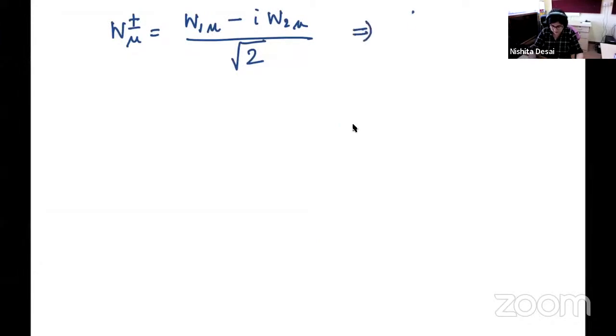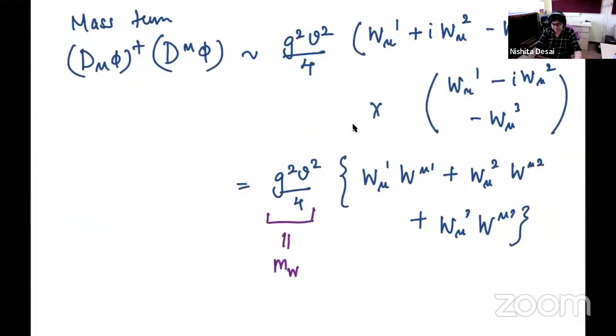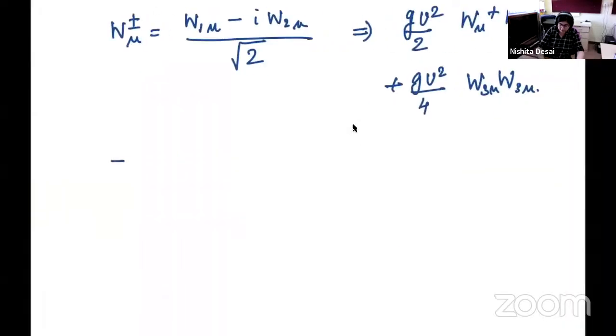In which case you get g squared v squared by 2 W plus W minus, and you get g squared v squared by 4 W3 W3. So you can also redefine your W plus minus as before, and this is what you get. All right. So what this is telling you is you have 3 massive gauge bosons.